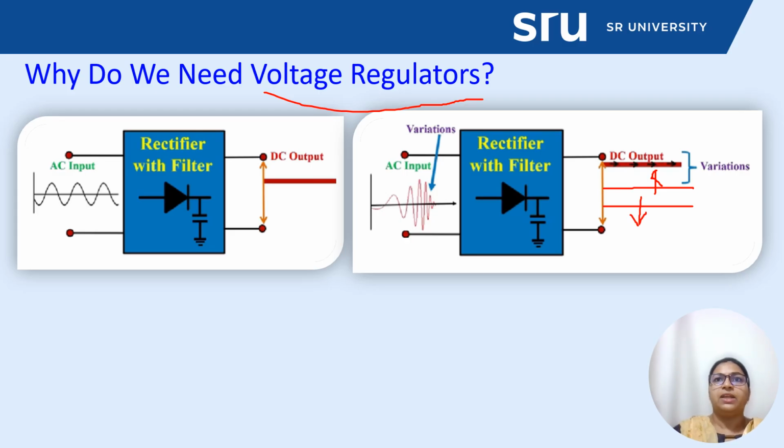Think of your charger plugged into a wall socket: the power coming in is not always perfectly stable. Due to grid fluctuation, load change, or even noise from other devices, without regulation these changes would hit your device directly, right?